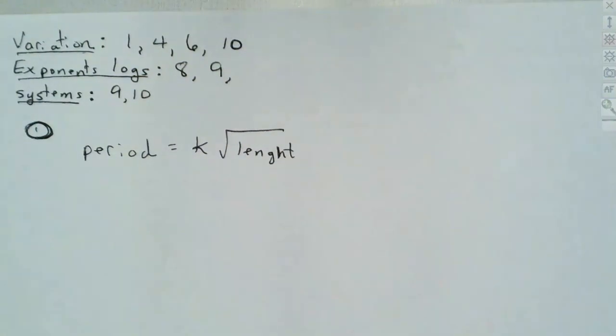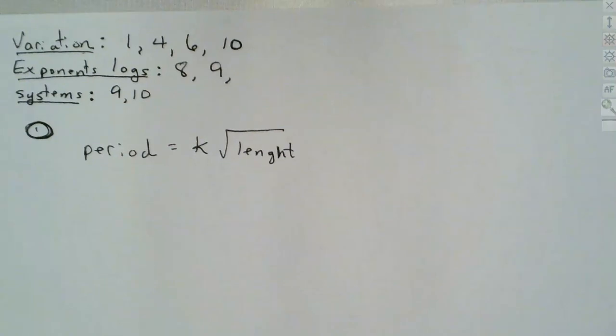And you can use L and the P if you want. I just write them out in words. That way we don't get things mixed up at all. That way we know what we've got. You can use variables, but on these, I write them out in words.